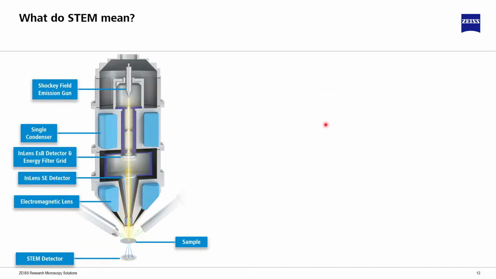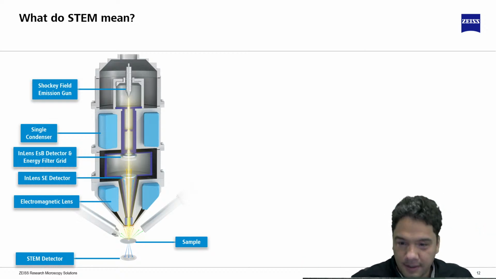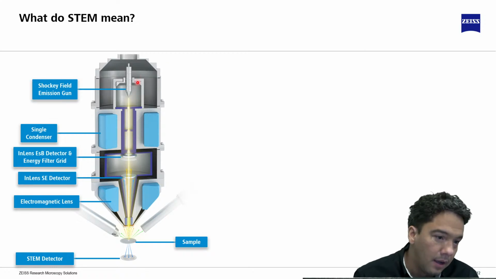because the SEM works in a way that can achieve even under 1 nanometer resolution. Let me go back here. Yeah, much better if you can see me. This is a typical column for an SEM.